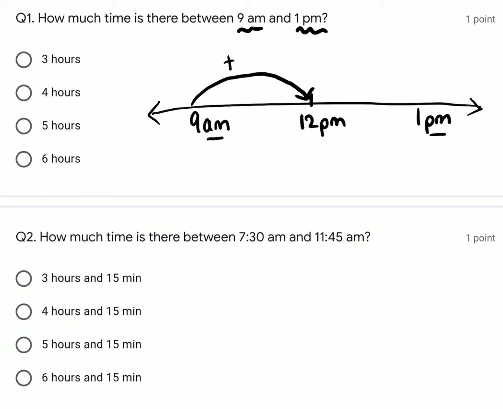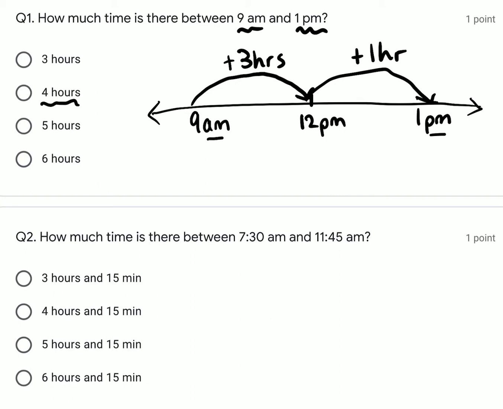So we're just adding 3 hours to get from 9 a.m. to 12 p.m. And then from 12 p.m., to get to 1 p.m., that's just 1 more hour, isn't it? From midday to 1 p.m., the clock starts again, so it's just 1 more hour. And you can see that in total, from 9 a.m. to 1 p.m., there were 3 hours plus 1 hour added. So it's a difference of 4 hours.